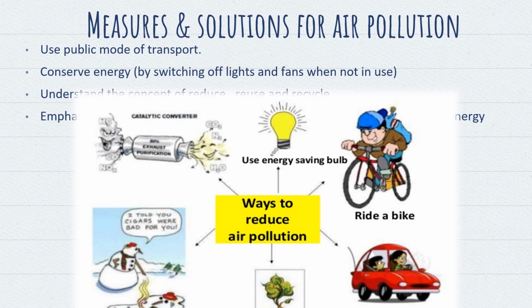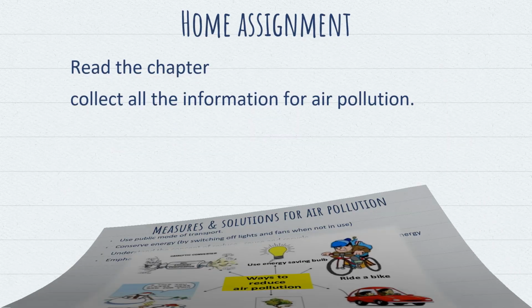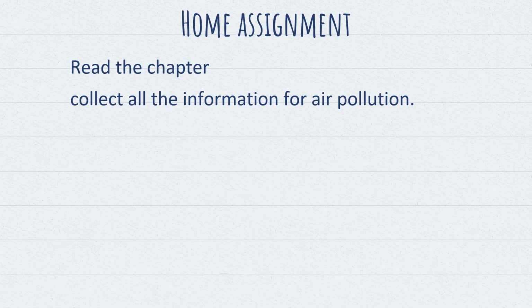Now let us move to the next part, which is your home assignment. So that's all we had for today in part 1. We will be reading more about pollution, and our next topic will be water pollution, which we will read about in our next part.